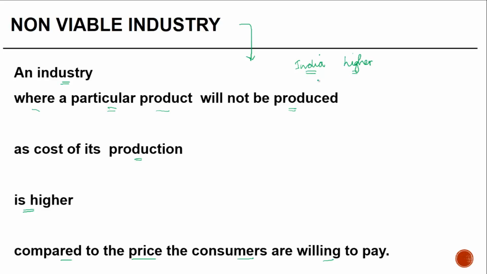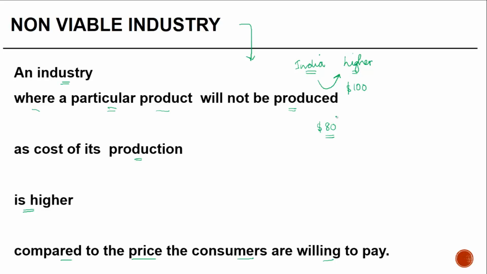If it is produced in India at that higher cost of production, then let's say the cost is $100. Suppose the consumer is only willing to pay $80 for that particular product. There may be different variants of mobile, some may be feasible, some may not be feasible.